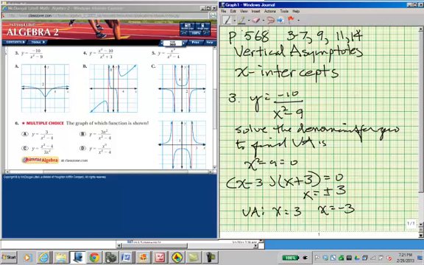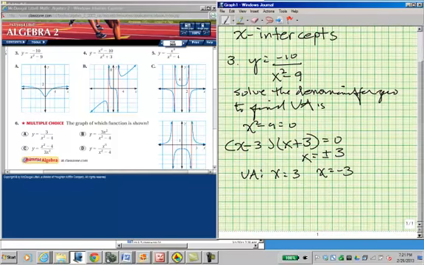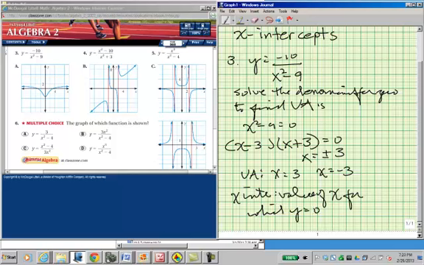So let's consider x-intercepts for the first equation. An x-intercept is a value of x for which y equals 0. Now, if we look at this equation, there is no value of x that can make y equal to 0.